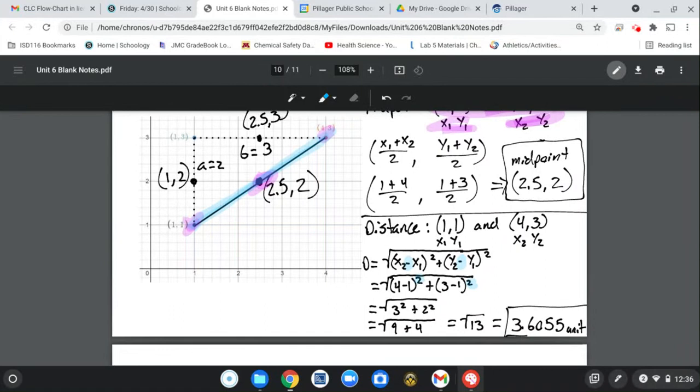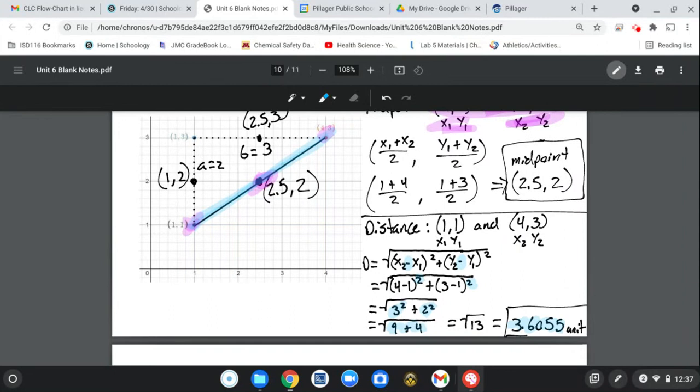For example, if we had these flipped around, you would have a -3 squared here plus -2 squared. -3 squared is still 9, and -2 squared is still 4, so you're going to end up with the same answer.